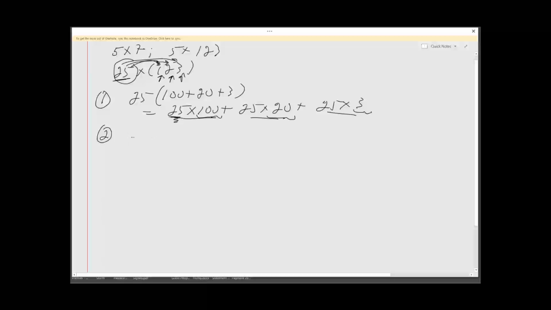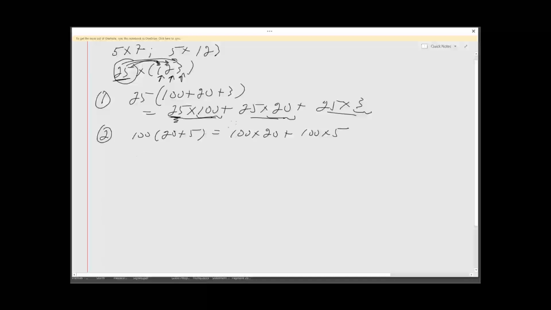So what we have now, let's think of it as the first multiplication is 100 times 20 plus 5. So that's 100 times 20 plus 100 times 5.